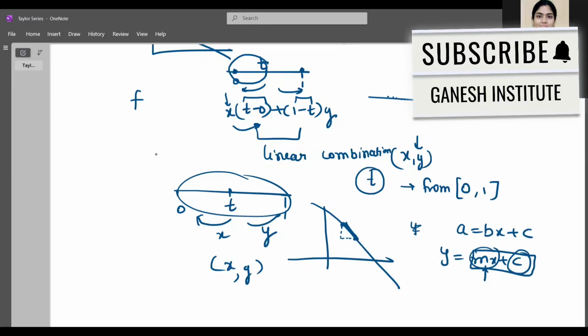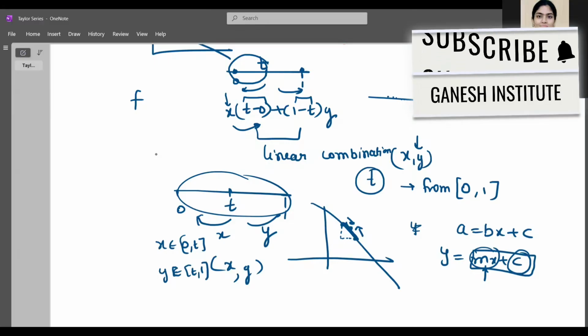So we are considering, if the question has given you detailed elaboration, that consider y from this span only and consider x from that span only, then you multiply it with those values. But at the moment, what we are doing, we are considering that my x and y are from this distance. Like I'm considering that my x belongs to 0 to t and my y belongs to t to 1. Is it fine?